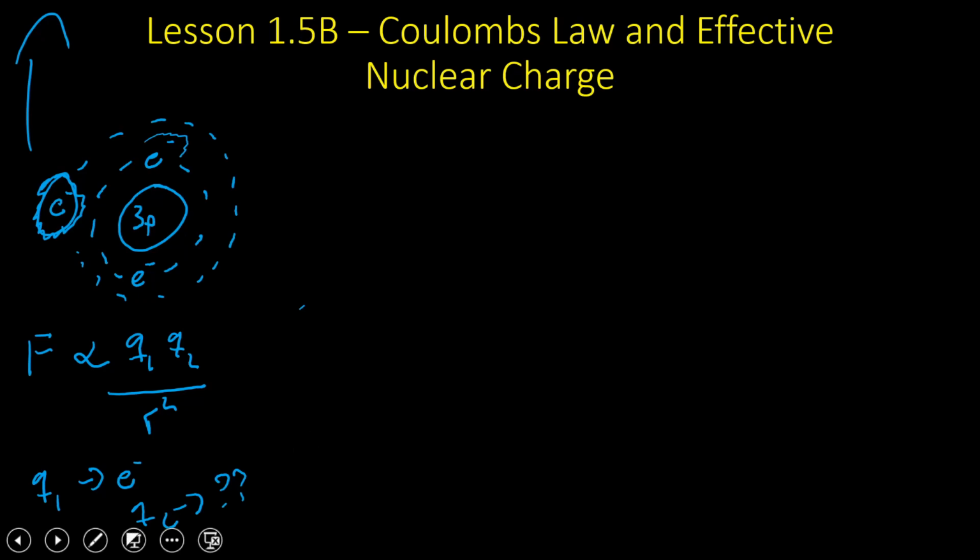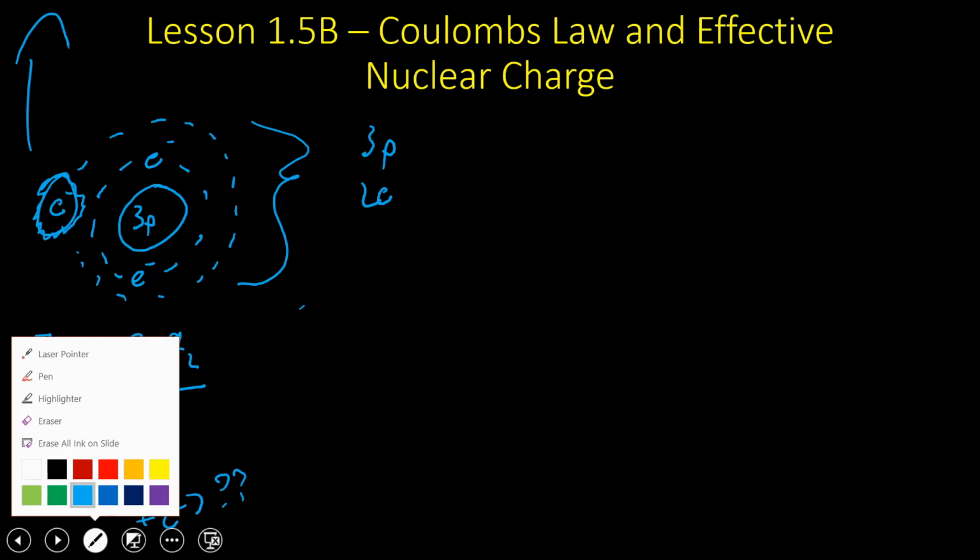Well, the problem is the real answer would be the sum of all the interactions that are present. So pretty much everything that's going on here, the interactions between the electrons and the protons. I have that electron, I have 3 protons in total, and then 2 other electrons. These have a charge of +3 and this will have a charge of -2, but what do we do?